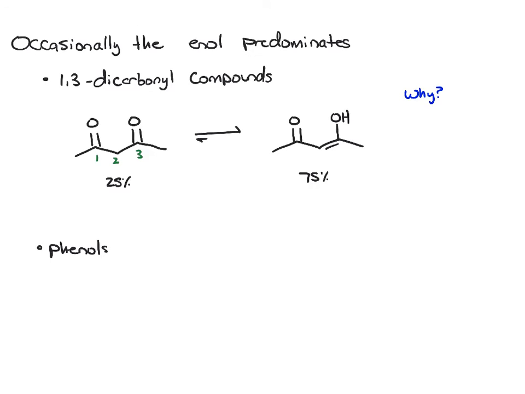So why is that? There's 2 reasons. The first is conjugation. When we have the second carbonyl, the double bond of the enol is in conjugation with that carbonyl, so that helps.